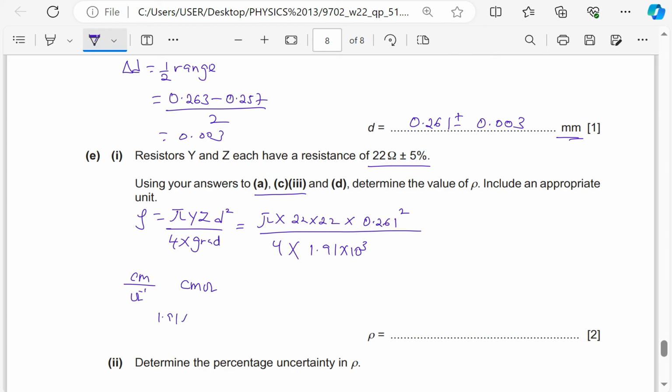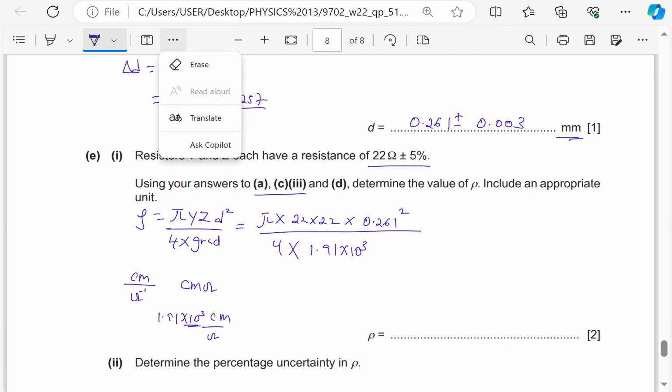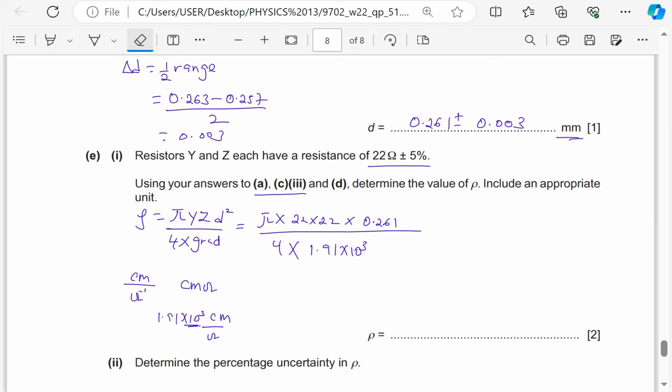1.91 times 10 to the power of 3 centimeters ohms. I want to change this from centimeters to millimeters. Let me first change this to SI units.